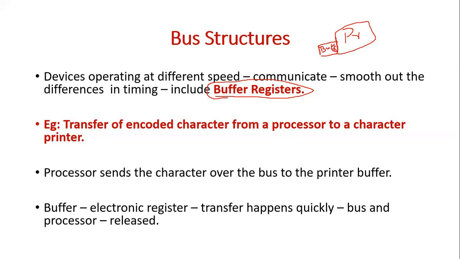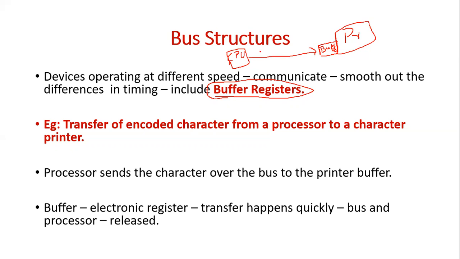Say that the CPU wants to print something. We know that the processor works at a very fast speed, whereas the printer is a very slow device. If the CPU sends the job to the printer and waits, it will take a lot of time. So in between we keep this buffer.